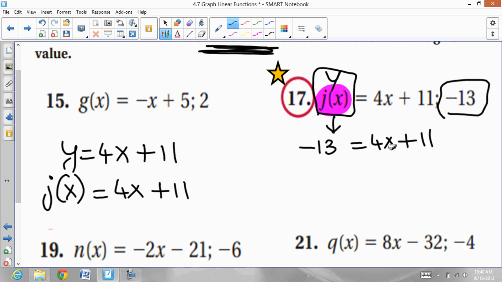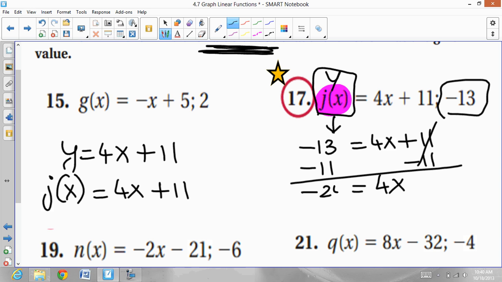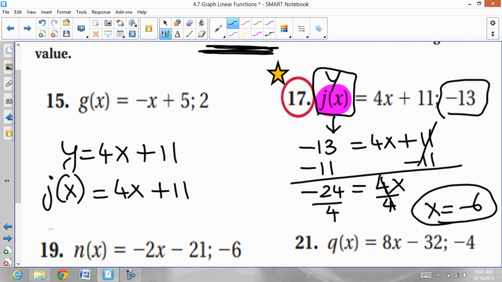All I have to do is find what x is. So let's do a two-step equation. Minus 11 on this side, minus 11 on this side, cancel, and you end up getting 4x is equal to negative 24. Divide by 4, a one-step equation, divide by 4 and cancel, and you are going to find that your x is now equal to negative 6, which is the answer and which is what they are asking you to find.